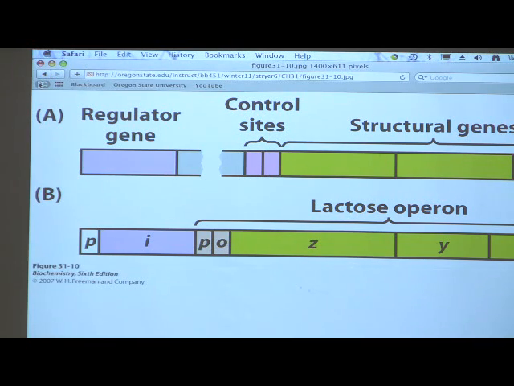It inhibits transcription. What happens if they both bind? Who wins? The repressor wins. Because one's binding up here, one's binding up here, and basically the RNA polymerase is going, where the heck am I going to bind? So when they're both bound, the repressor wins.